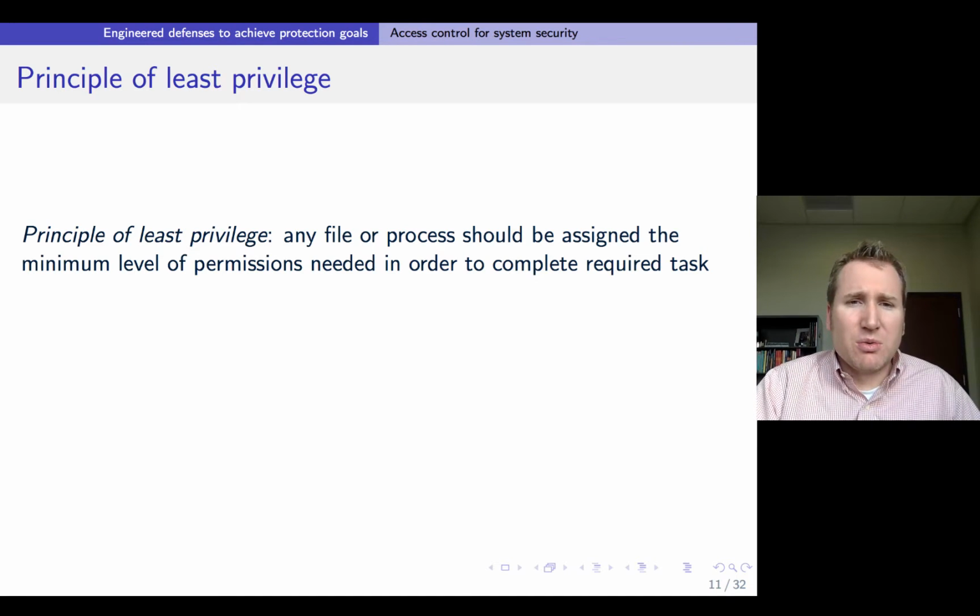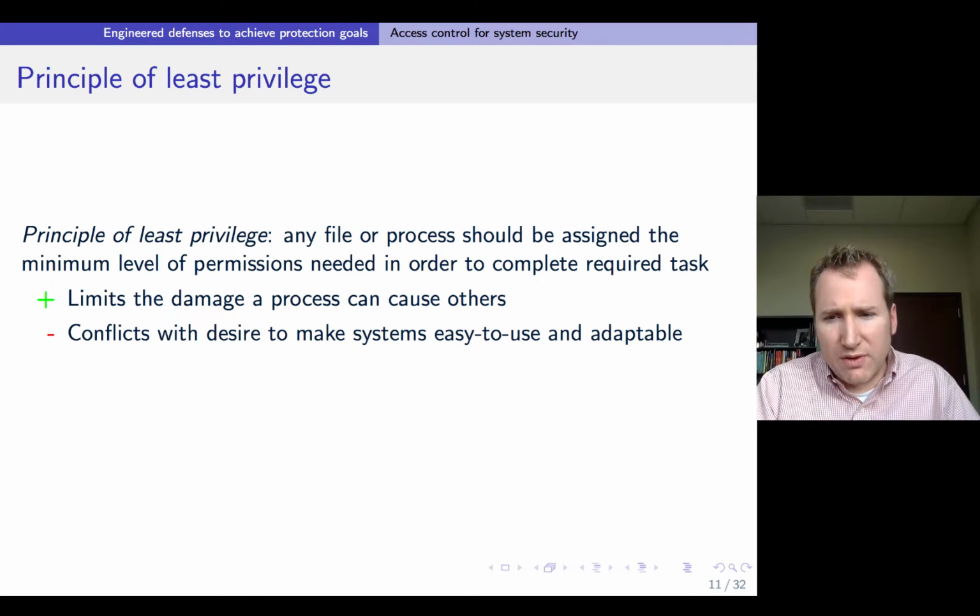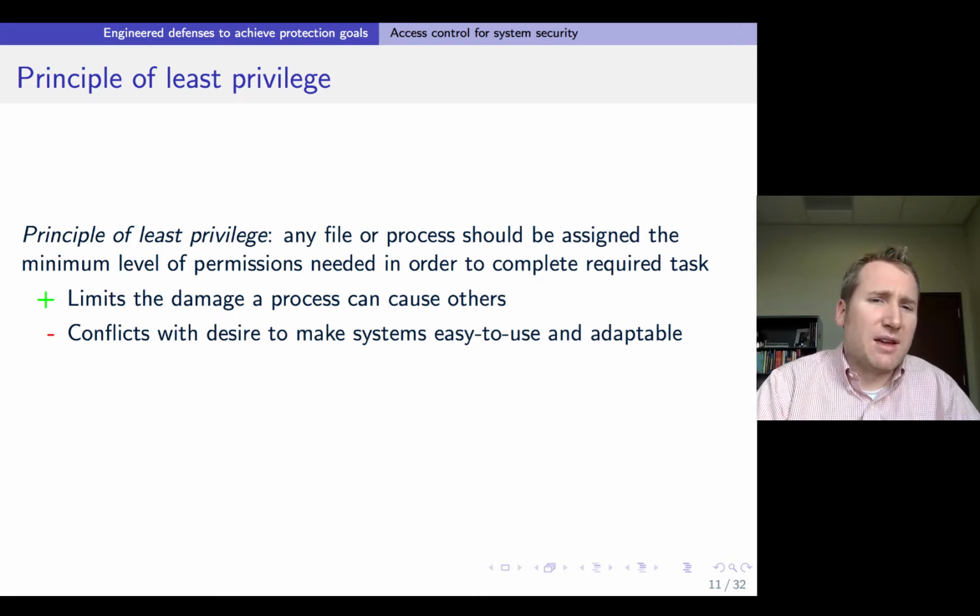Okay, so what this is basically saying is that you will give a process or a file access to all the resources it needs to get its job done, but no more than that. So you would only grant access to a resource if it is absolutely necessary. And the advantage of designing your systems and writing programs that adhere to this is that it can limit the damage that a process can cause to others, either inadvertently or if it's been taken over by a malicious actor.